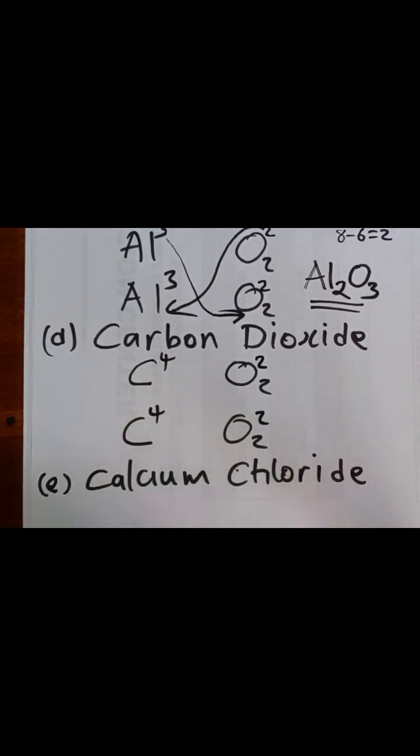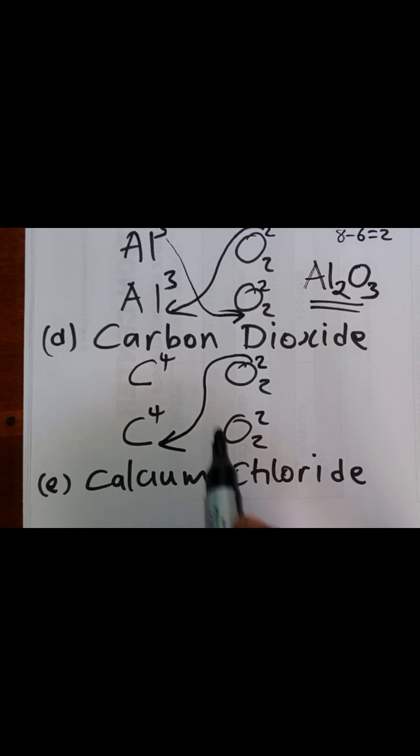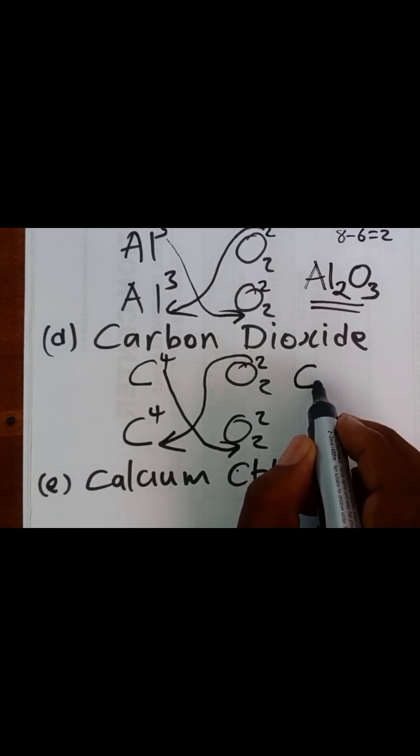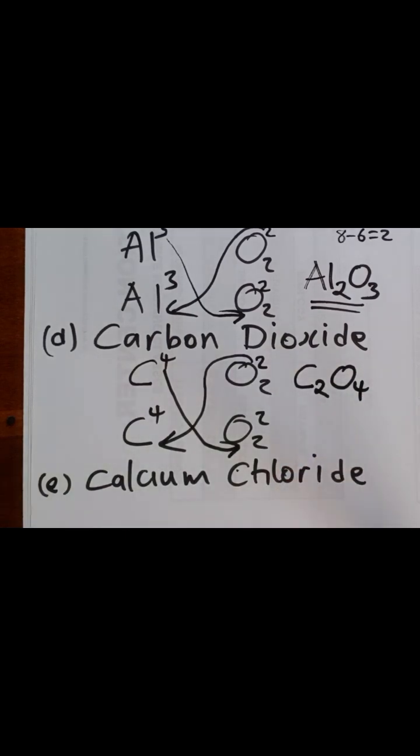When these two are reacting, they will swap the valence numbers. The valence number for oxygen will come to carbon, and the valence number for carbon will go to oxygen. So that simply means that carbon will receive 2, oxygen will receive 4. From there, we are going to check the lowest common factor of 2 and 4.